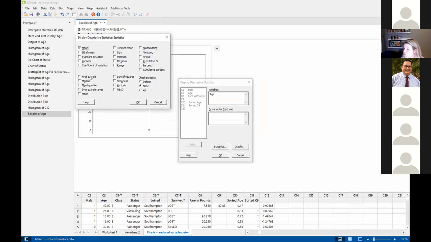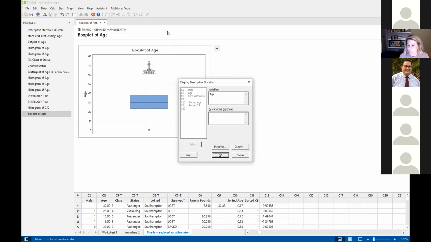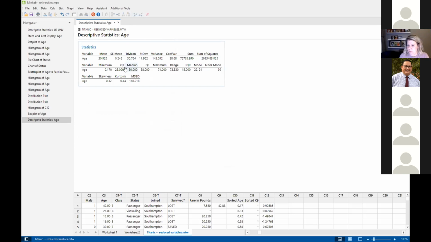Here you have the mean, the standard error of the mean, and standard deviation, which somebody was asking about. Then variance, coefficient of variation, first quartile, median, third quartile, interquartile range, mode, trimmed mean, sum, minimum, maximum, range, sum of squares, skewness, kurtosis. You just do it and you get all the numbers right here.